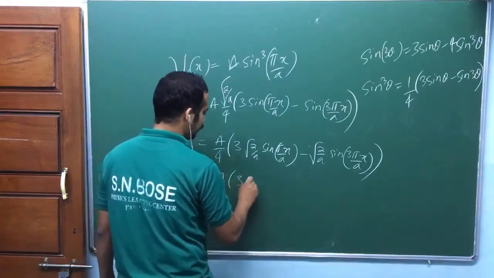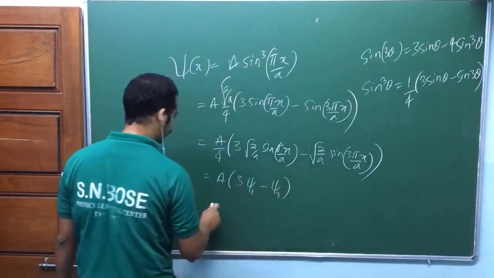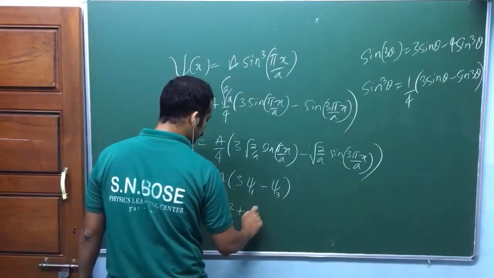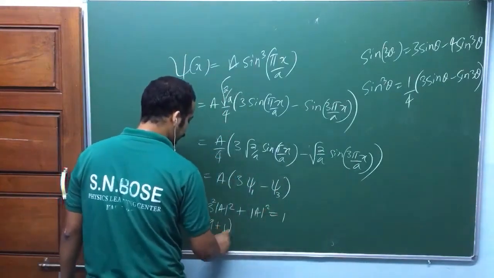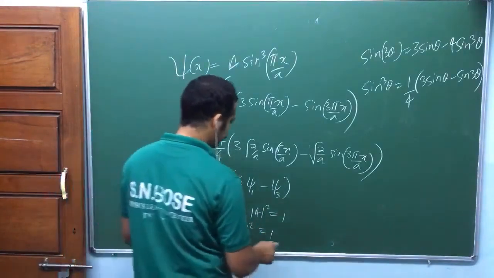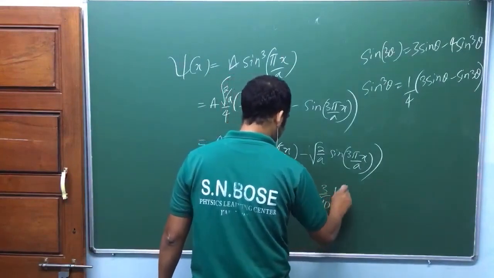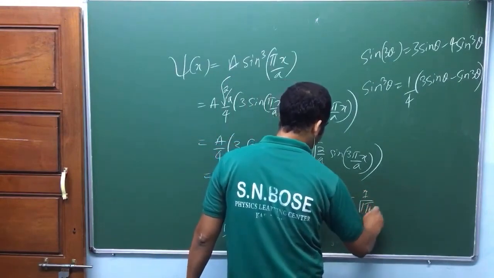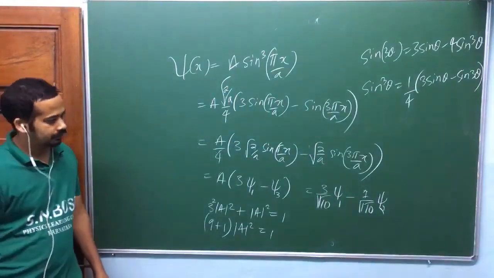A into 3 psi 1 minus psi 3, isn't it? 3 square mod a square plus mod a square is equal to 1, am I right? 9 plus 1, a equal to 1 by root 10. 3 by root 10 psi 1 minus 1 by root 10 psi 2, normalized. Speak out.